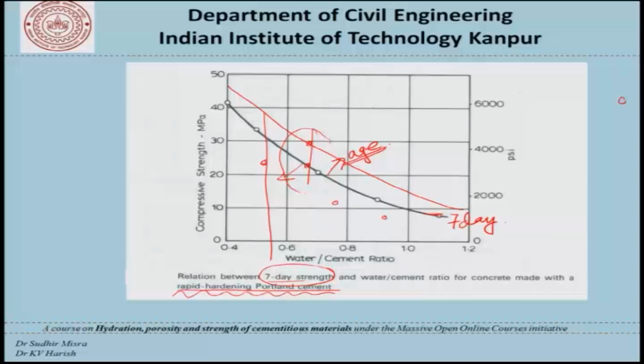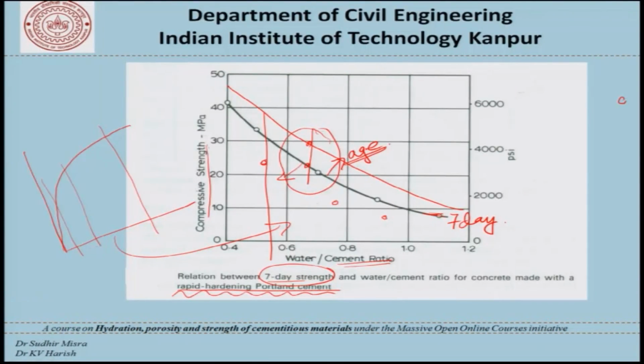Now, this discussion can be related to our previous graph, where we were trying to see how the strength development takes place at 7 days and at 28 days and at 91 days. So, this graph can be transposed into this form here, where water cement ratio has been plotted on the x axis and we are talking of compressive strength on the y axis. In this case, it is the time, and on this axis we have the strength.